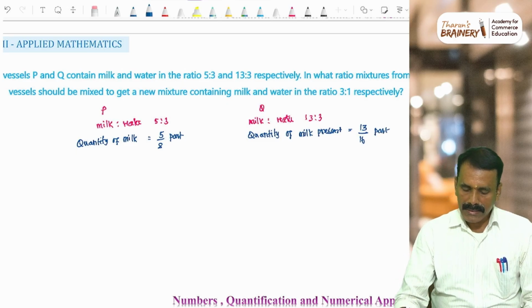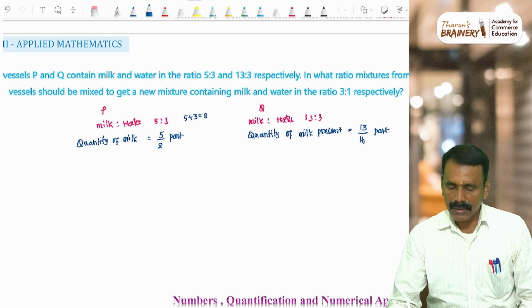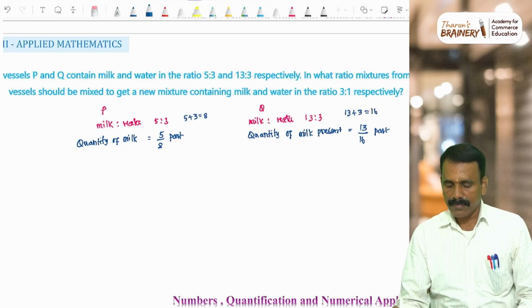How did we get this 8 and 16? The ratio is 5:3. So the total ratio value will be 5 plus 3, that is equal to 8. And here 13:3, so here we are having 13 plus 3, that is equal to 16. That's why here it is 8, here it is 16.